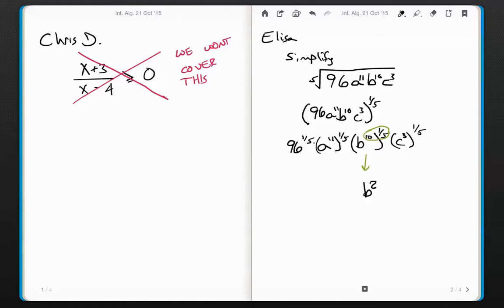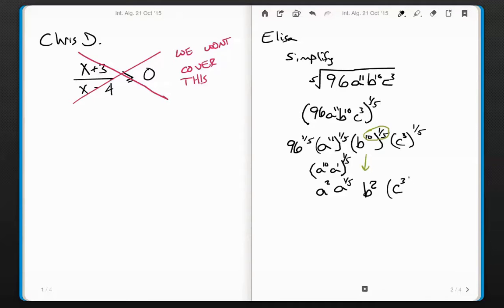This not very convenient, this not very convenient, but what I'm going to do with this one is write this as a to the 10th times a to the 1st, all to the 1/5 power. Right? Why do I do that? Because then this becomes an a squared, and this becomes just a to the 1/5. All right. And so that leaves c cubed to the 1/5 power.